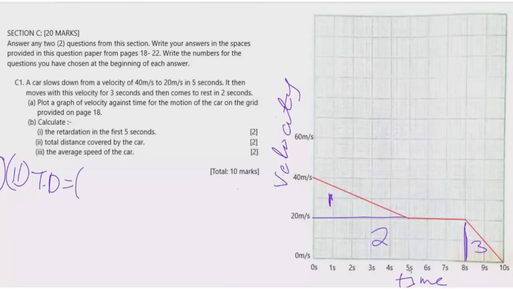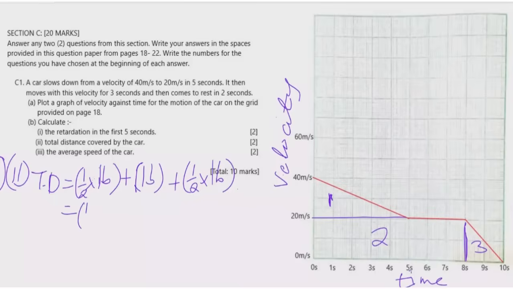The formula we're going to use is 1/2 times L times B. You can even say base times height, whichever you prefer, as long as you get the dimensions correct you will get the answer correct. Then plus L times B for the rectangle, and then plus open bracket 1/2 times L times B, close bracket.